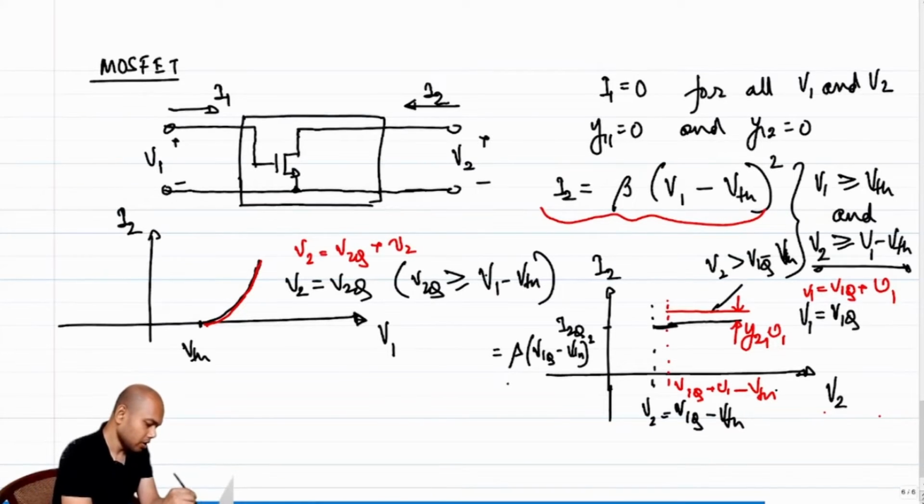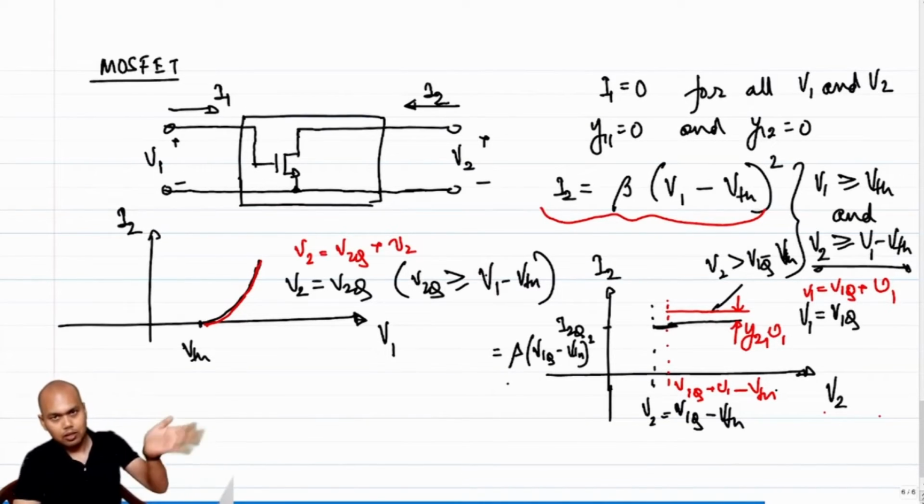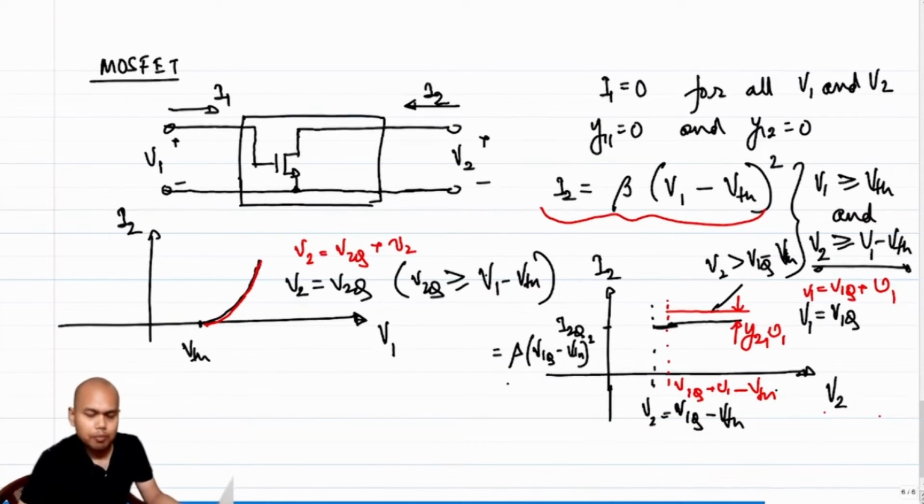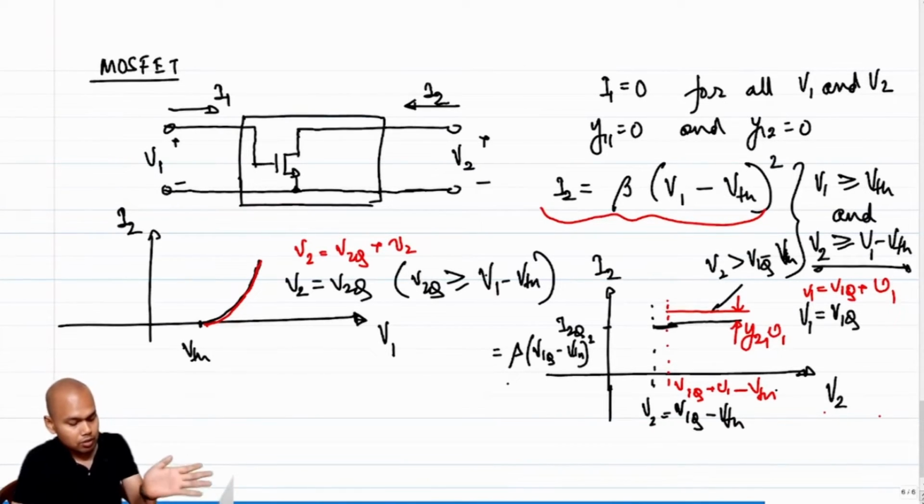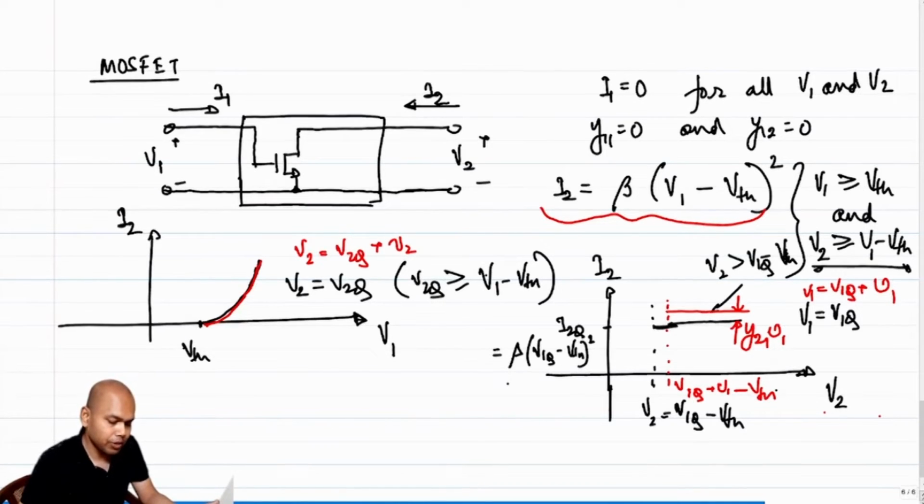Now note that this equation doesn't tell us anything about what's going to happen below the condition where you breach this limit of V2 being greater than or equal to V1 minus VTH.